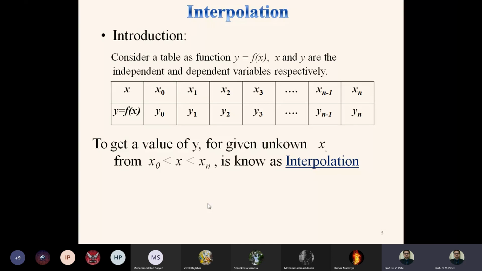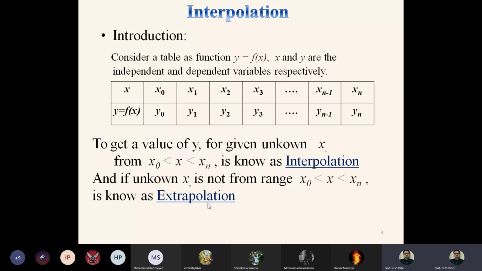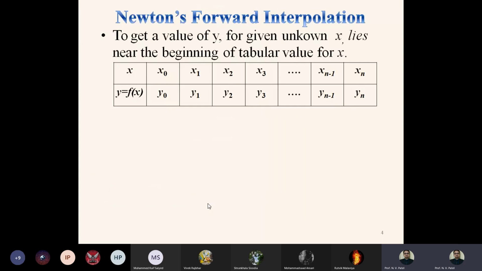So x can lie between x0 and x1, or x1 and x2, or in the center or at the end of your table, and we get its corresponding value of y. That procedure is called interpolation. And if our unknown x is outside this range, then it is extrapolation. The formula is the same for interpolation and extrapolation.